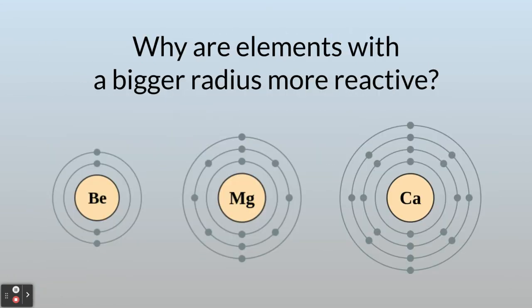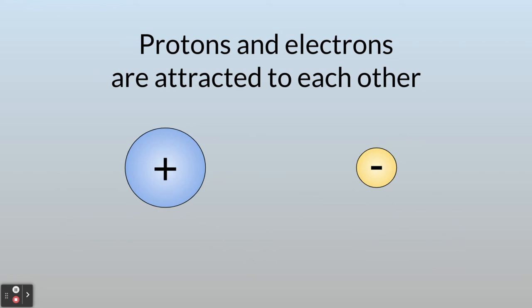Okay, why is this? Why are bigger atoms more reactive? I'm going to explain this with an analogy. Imagine protons are in the nucleus of the atom, and electrons are whizzing around on the outside. They're attracted to each other because they have opposite electrical charges, kind of like magnets are attracted to each other.